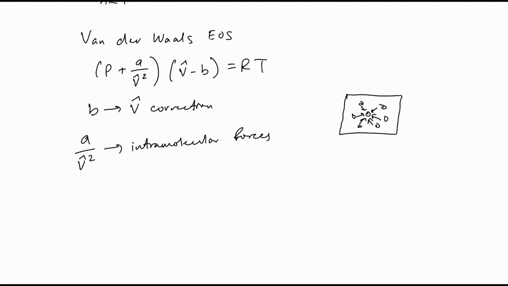So even though we might have a container and we measure the pressure to be 1 atmosphere, for example, we have to understand that there's some pressure that's not being exerted because the molecules are attracting each other away from the walls. So there's actually extra pressure in reality. So we add that back.